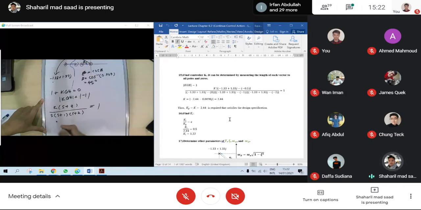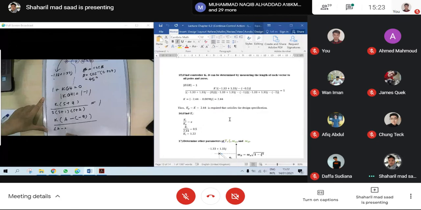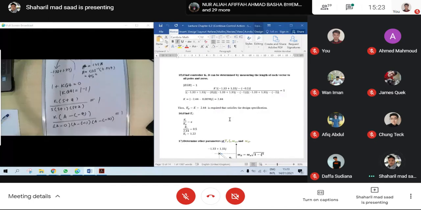Because you want to find the k value, the s value I put is a, you need to minus it, so minus a and minus z here, divided with k, a minus 0, a minus minus 1, and a minus minus 2, equal to 1.